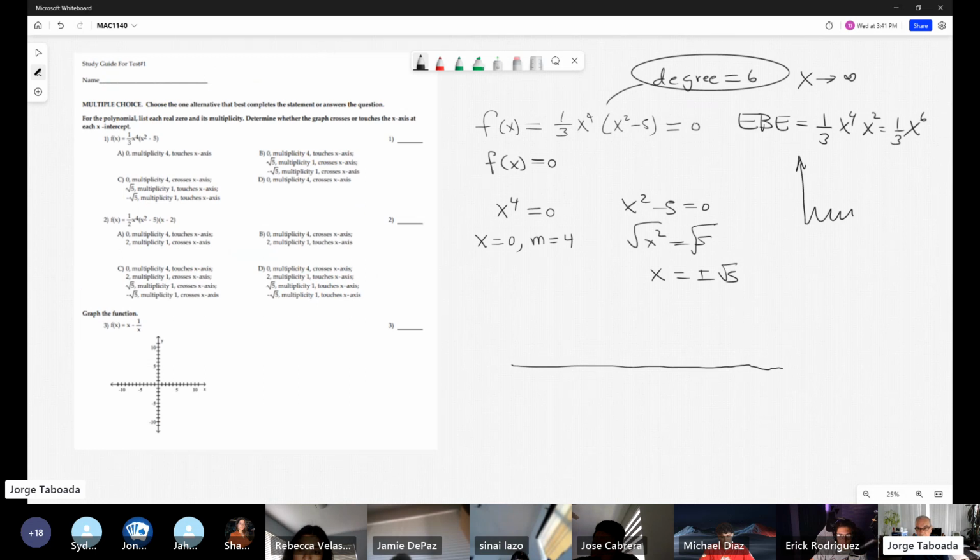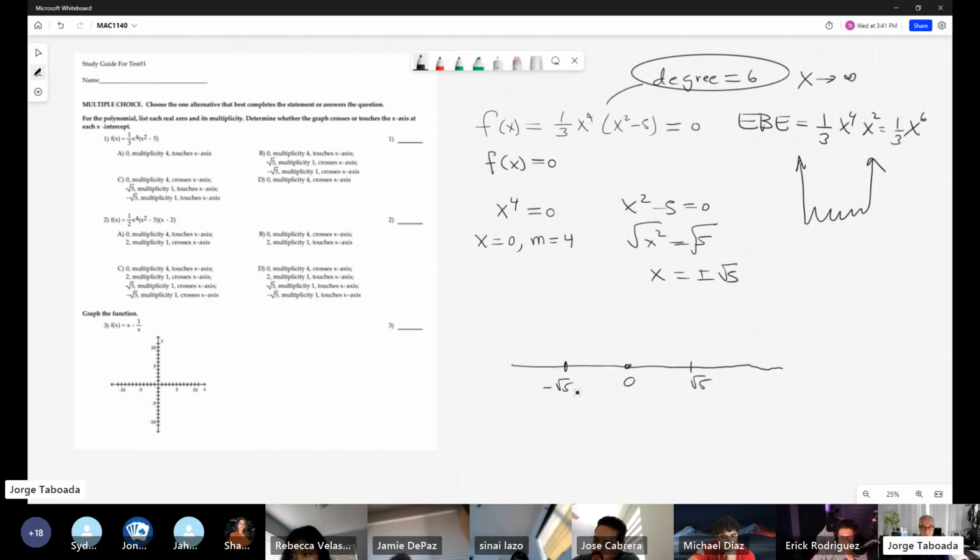Yes or no? This is the end behavior representation: right up, left up. But we have 0 and 0, and we have 0 and radical 5, which is 2 point something positive. And here again minus radical 5.